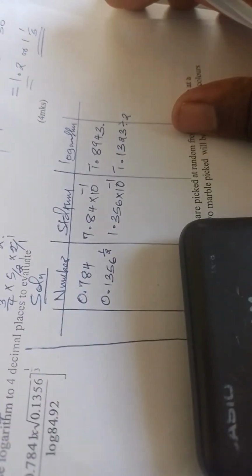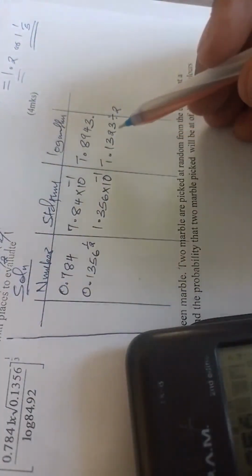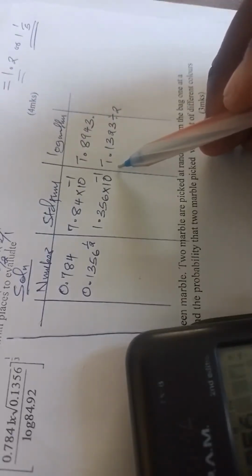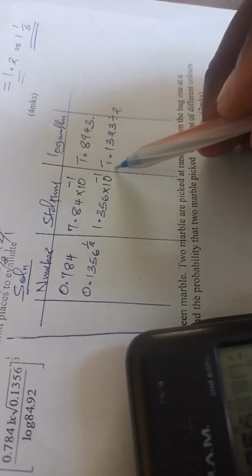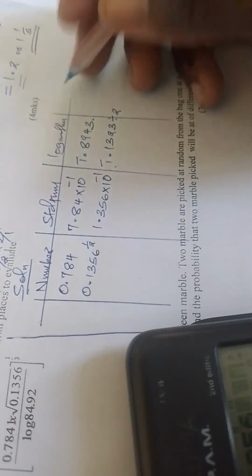If we want to divide it by 2, remember we have the characteristic and the mantissa, and if you look at this one, there is a negative on top of this number. So if we want to divide it by 2, we are supposed to separate it.